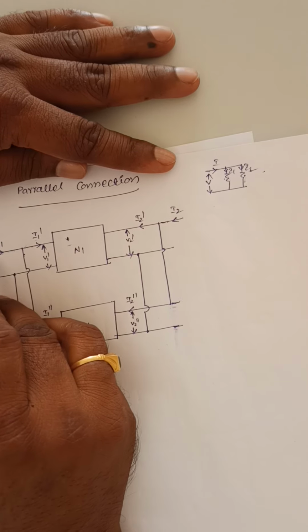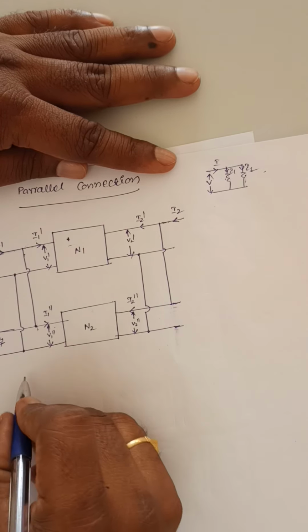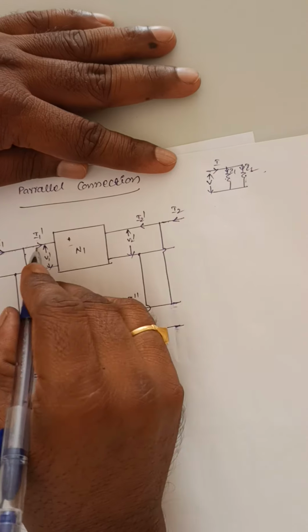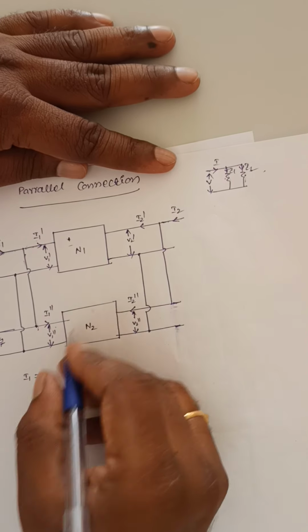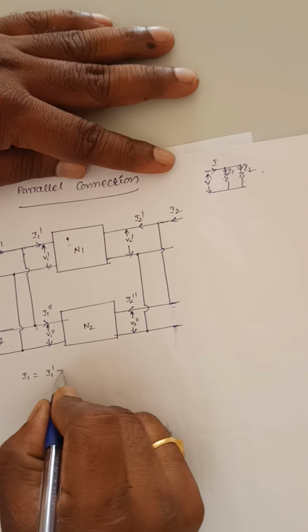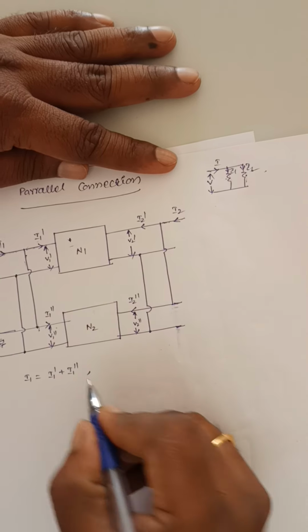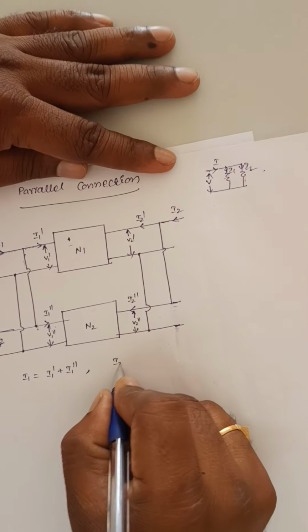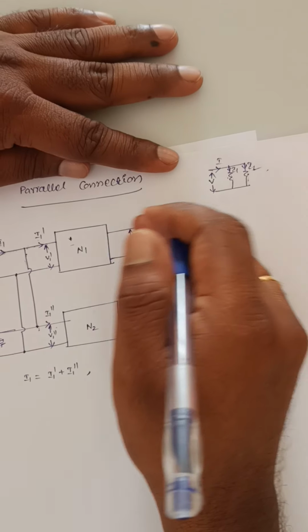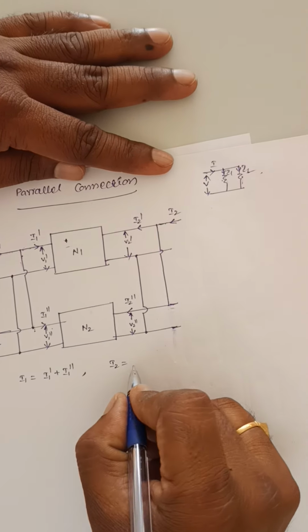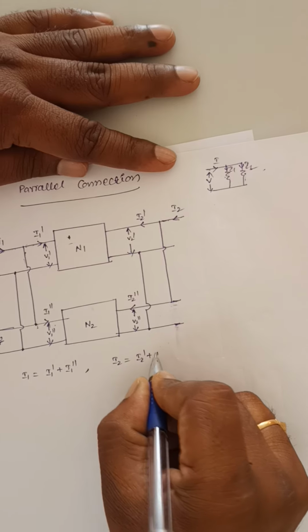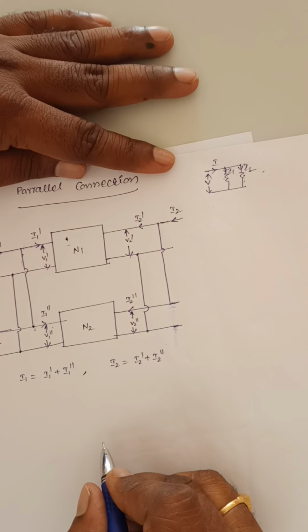Now you see here the conditions here are I1 is equal to I1 dash plus I1 double dash. Next, here also I2 is equal to I2 dash plus I2 double dash.